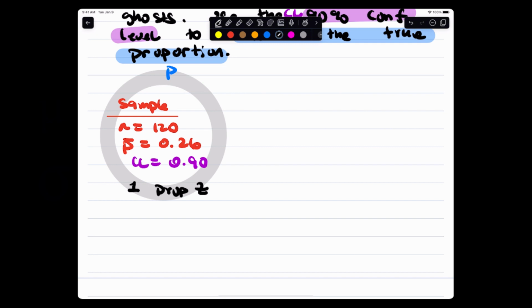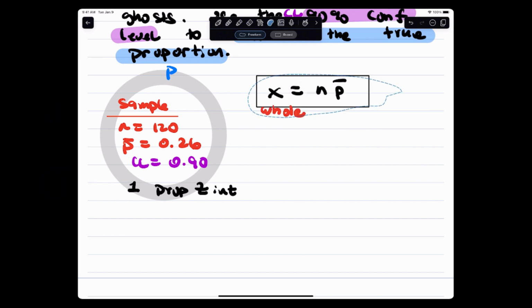proportion Z interval. Okay? Now let's see if it's still in our memory here. Yes, it is. Alrighty. Since they did not give us X, we're going to need to compute that, okay? 120 times 26%.